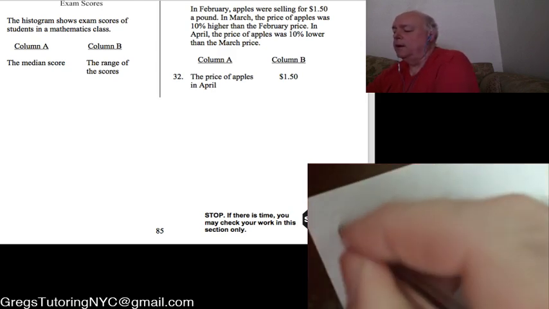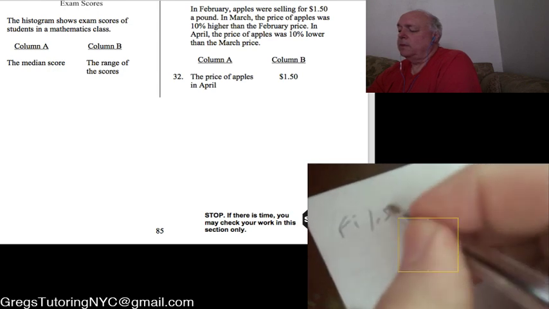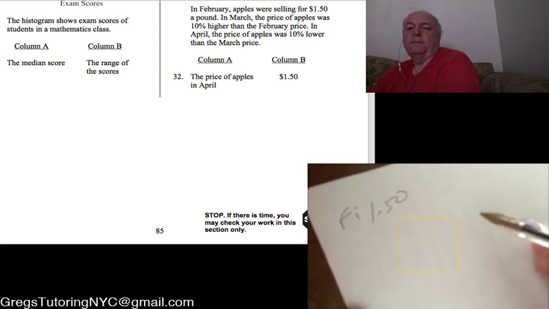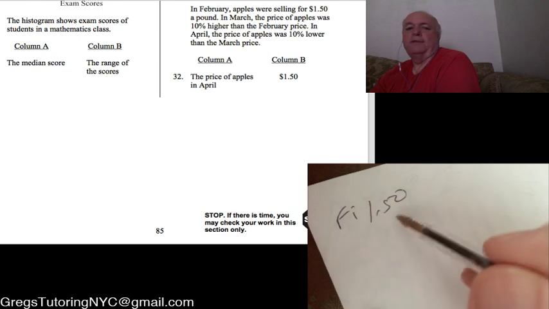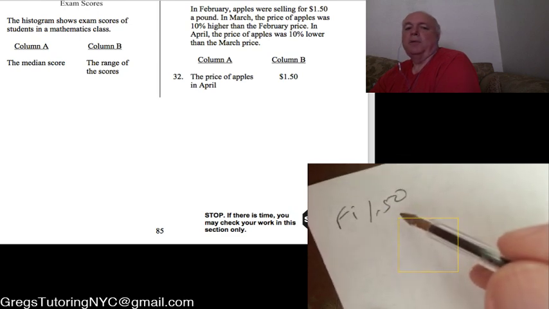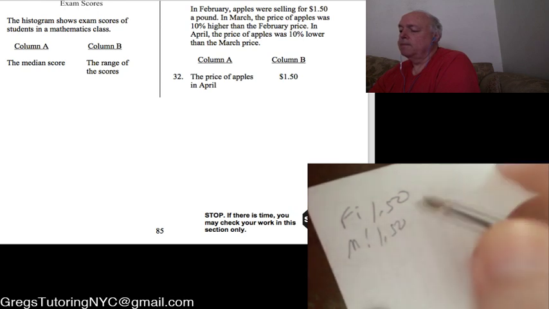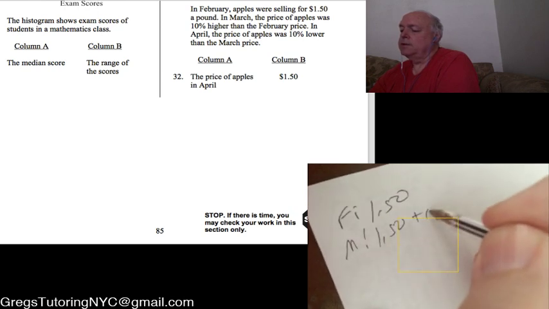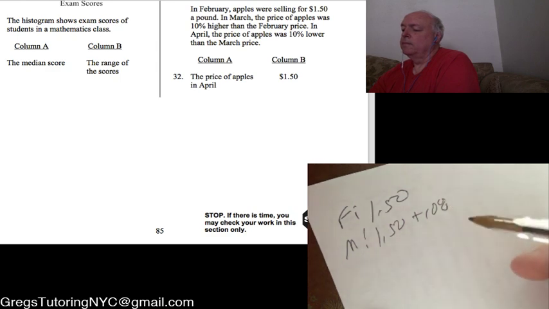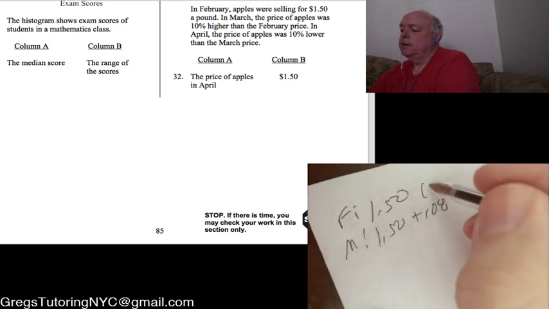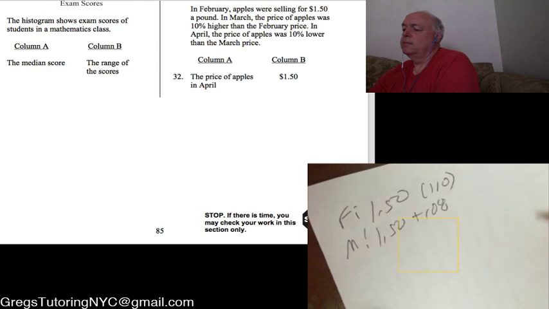In February, the price was $1.50. Apples were selling at $1.50 a pound. In March, the price of the apples was 10% higher, so it's going to be plus 10%. There's a way to think about this. It's 110% then.